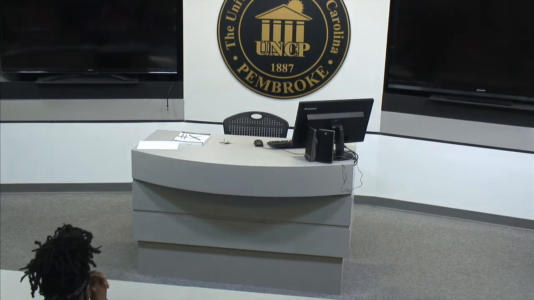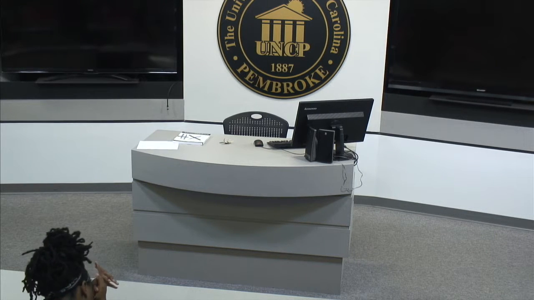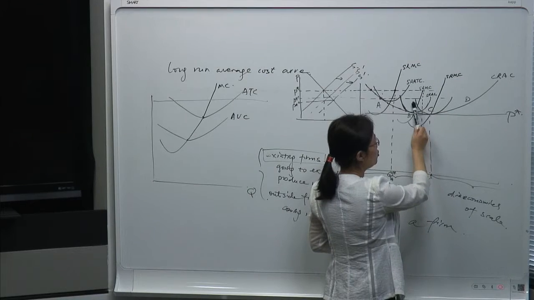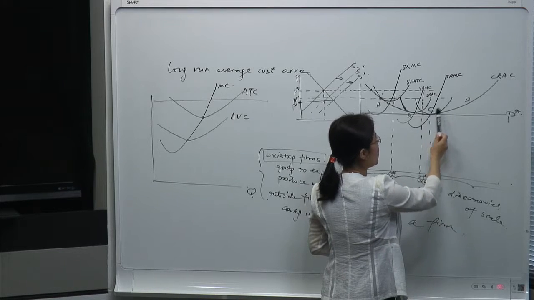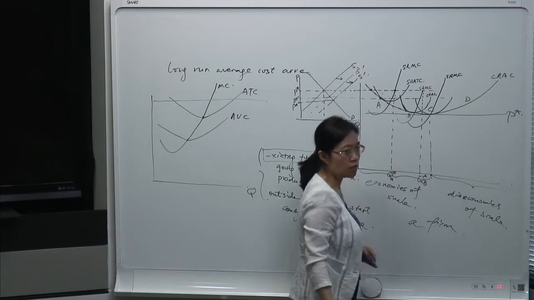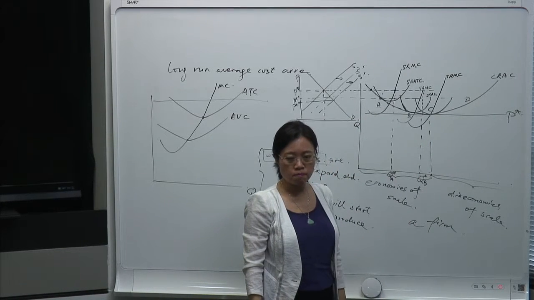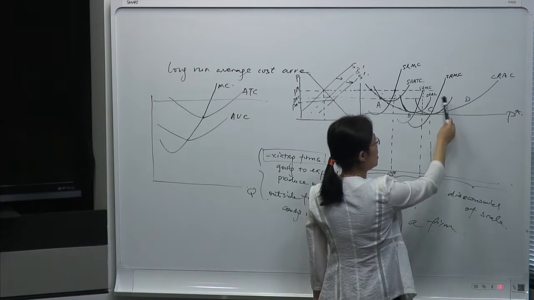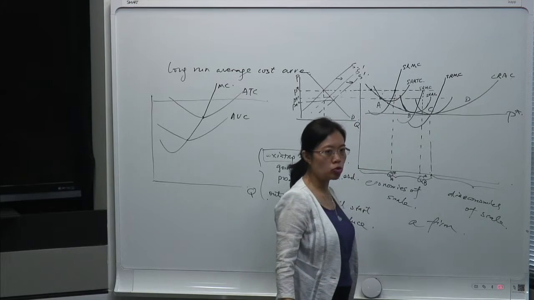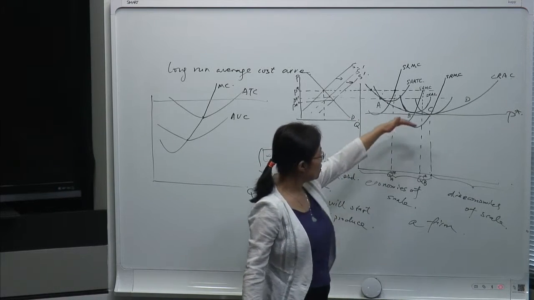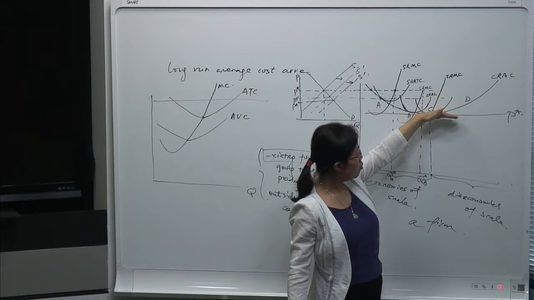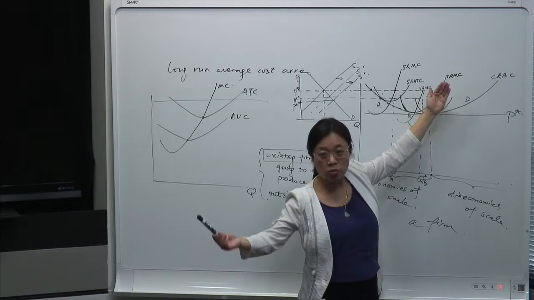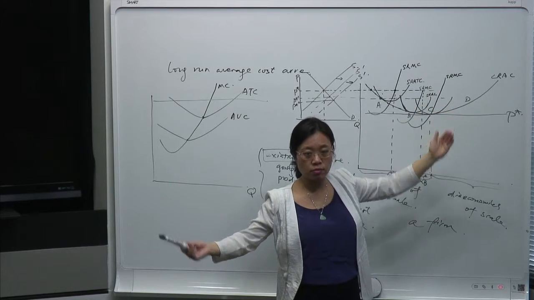So at this price, the existing firm has no incentive to change this scale anymore, because that's the lowest average cost curve they can have. If they go to any higher or lower scale, their average cost curve is going to move above the price. They're going to have a negative economic profit.